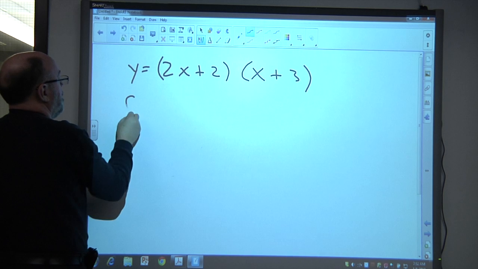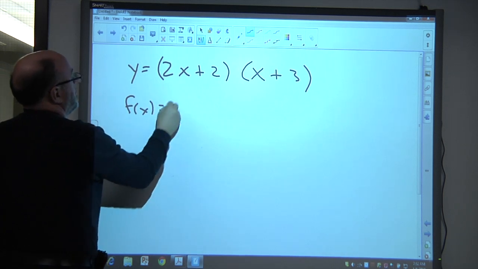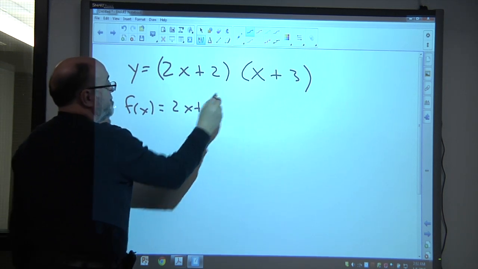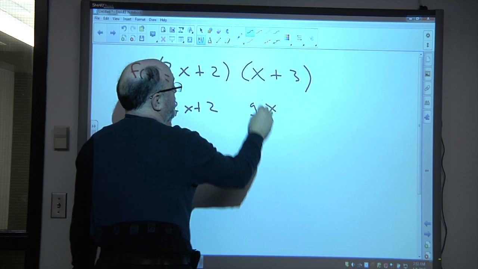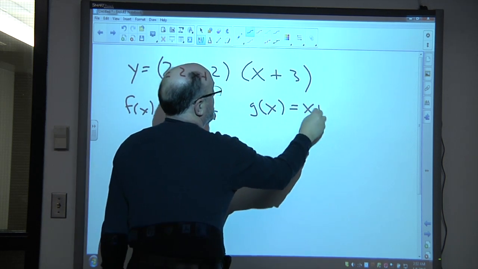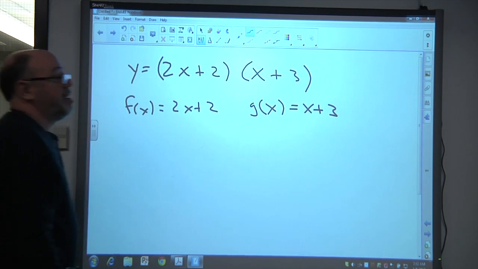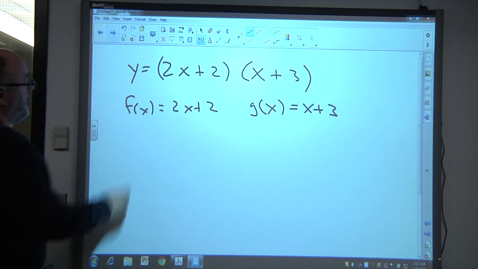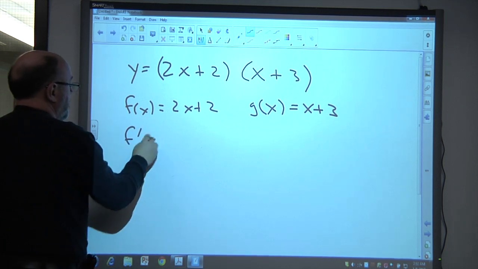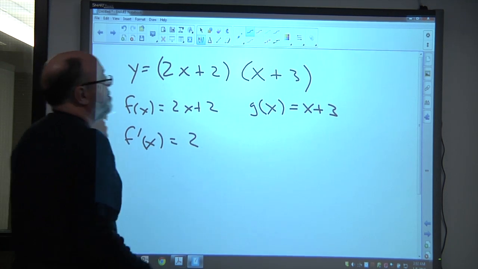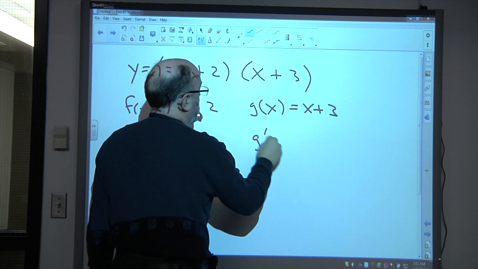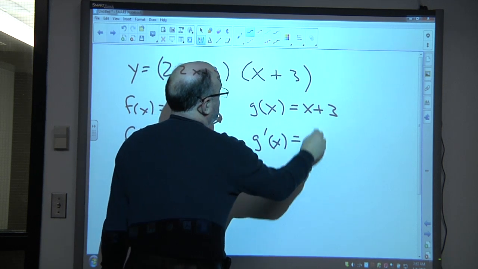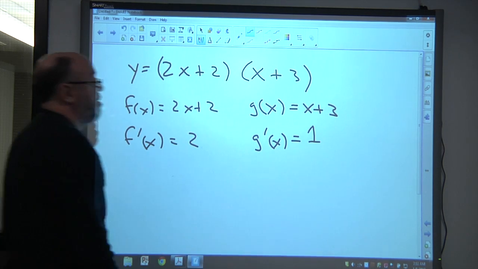So let's call f of x 2x plus 2, and g of x is going to be x plus 3. Those are my two pieces. Now we want to take the derivative of both of those. So f prime is going to be 2, and g prime is going to be 1.